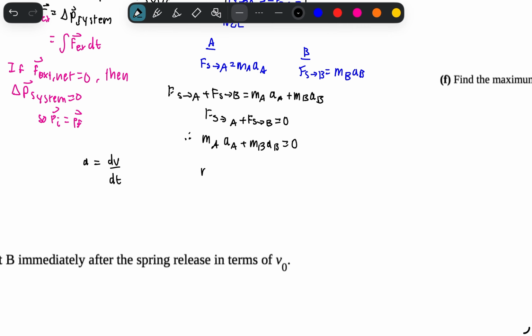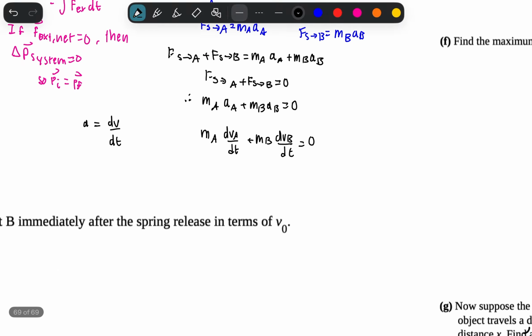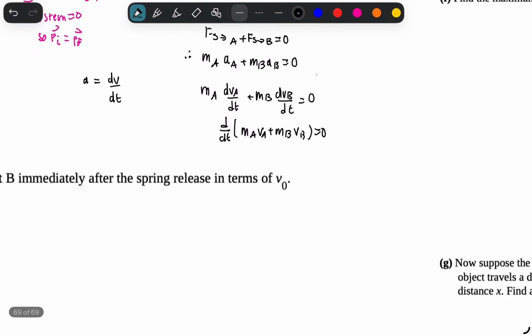So you could also represent this as mA dvA over dt plus mB dvB over dt is equal to 0. This is actually an extension, but we can do it anyways. d/dt of (mA vA plus mB vB) is equal to 0. But we know that this is equal to the total momentum.